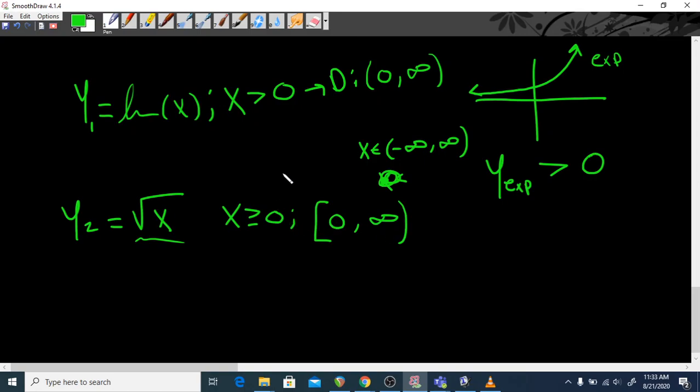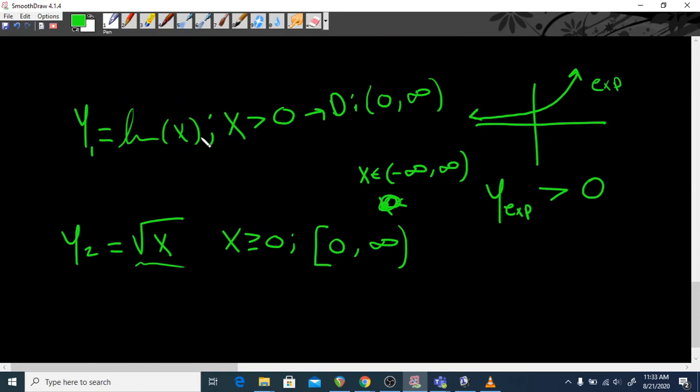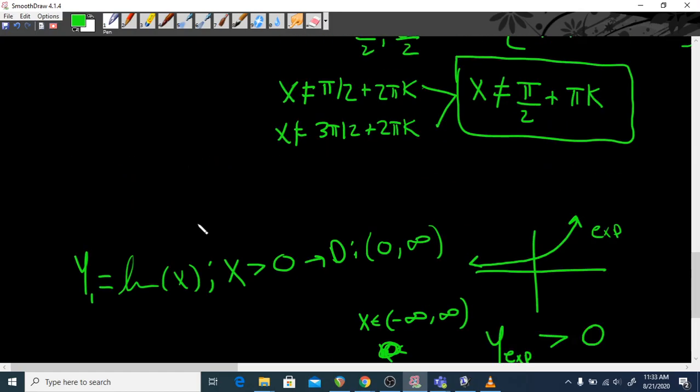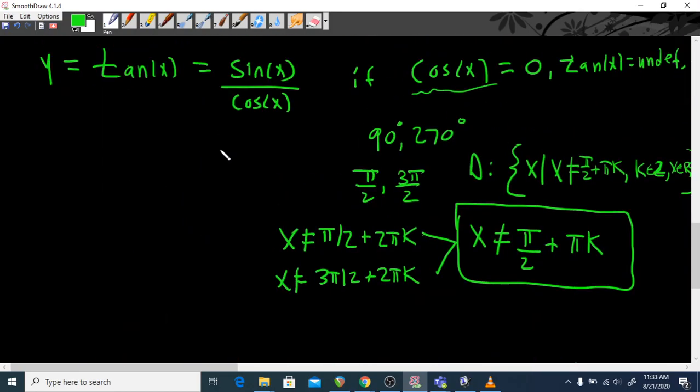So yeah, these are the things that we've got to think about. If we have a logarithm, whatever the number is inside the logarithm has to be bigger than 0. If we have a square root, remember we can't take the square root of a negative number because it's not real. And for other functions, just make sure that the denominator can't be 0 because that gives us division by 0.